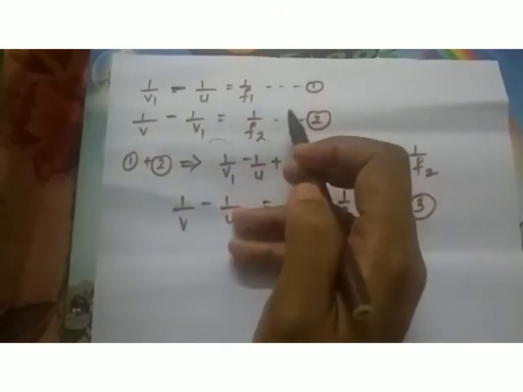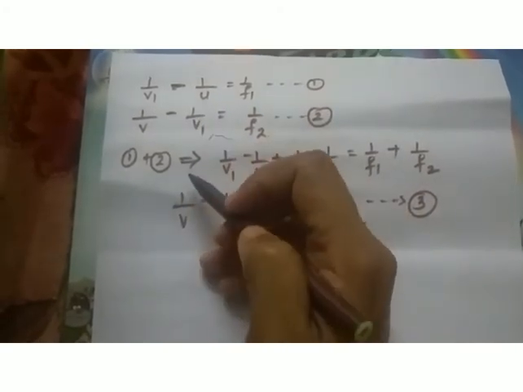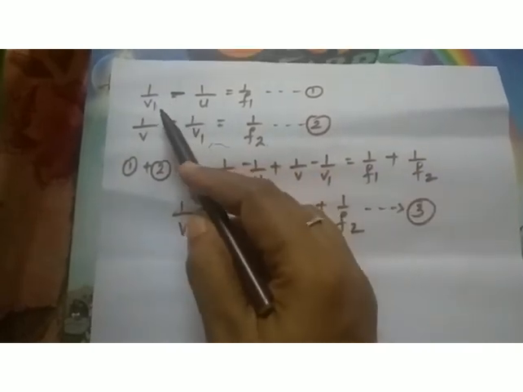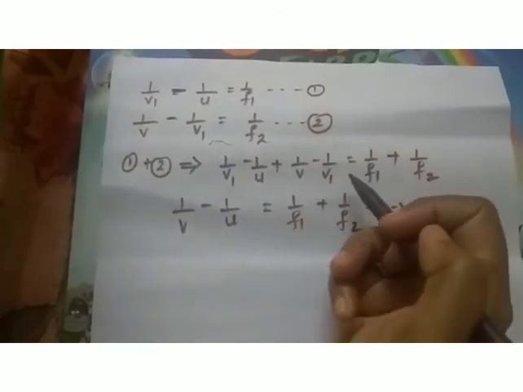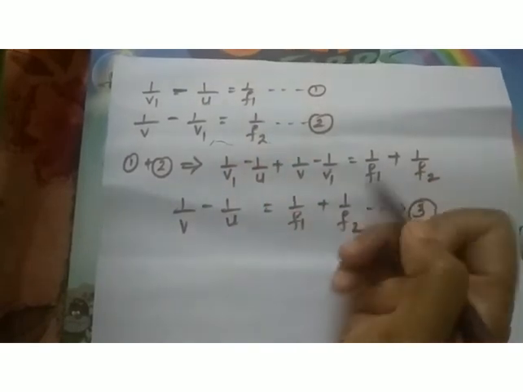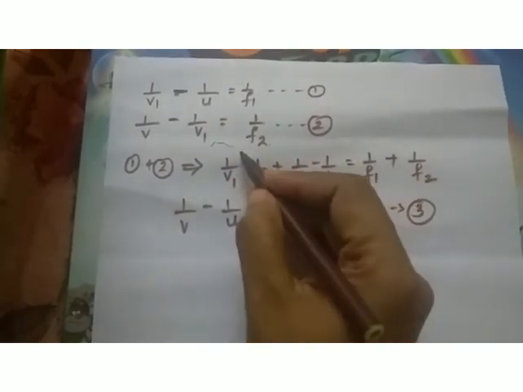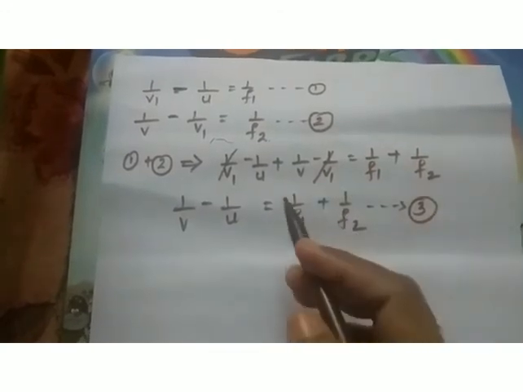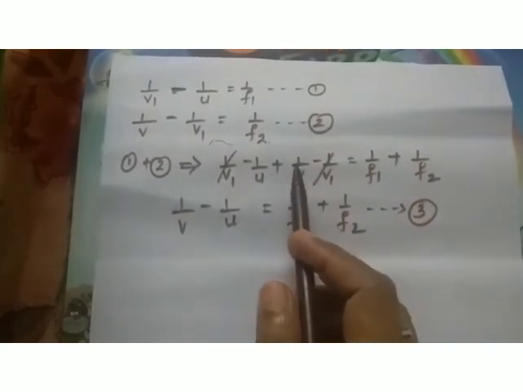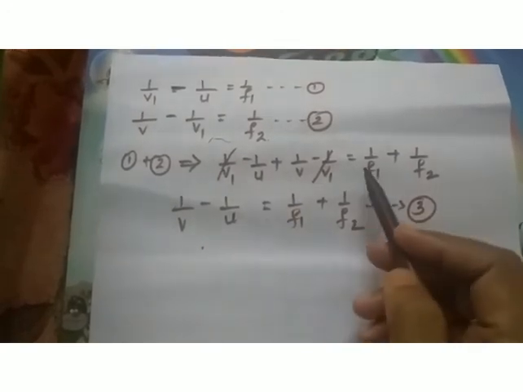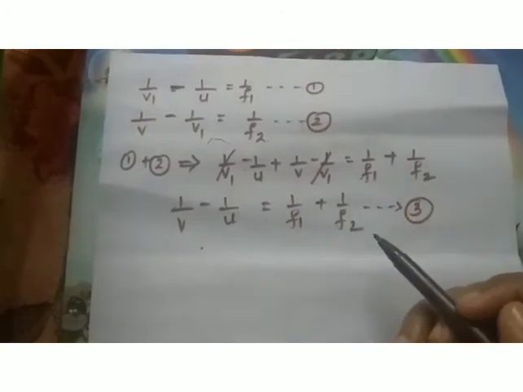Now just add these two equations, equation 1 plus 2. First add the LHS part. So we will get 1 by V1 minus 1 by U plus 1 by V minus 1 by V1 equal to 1 by F1 plus 1 by F2. Now here we have plus 1 by V1 minus 1 by V1, it will cancel. Then we are left with 1 by V minus 1 by U equal to 1 by F1 plus 1 by F2.